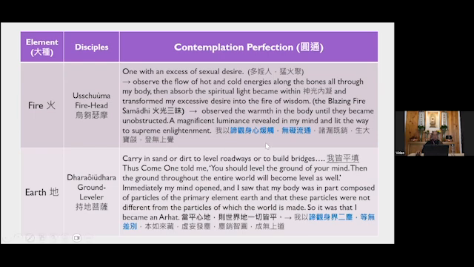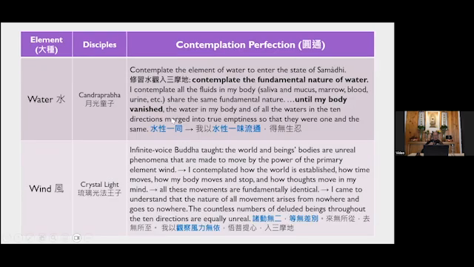Okay, so the earth is always about being equal, even, right? So when they contemplate the ground level, the Bodhisattva is already a very advanced practitioner. And then the Buddha guided him: you have to contemplate the evenness of your mind. Okay. And maybe I will talk about this next time.